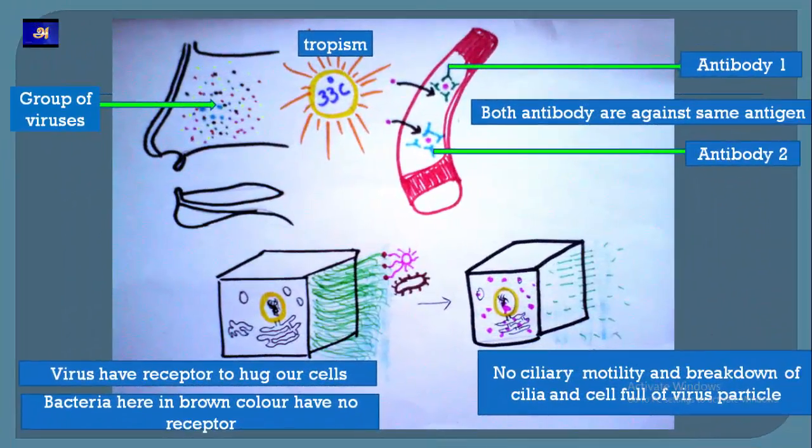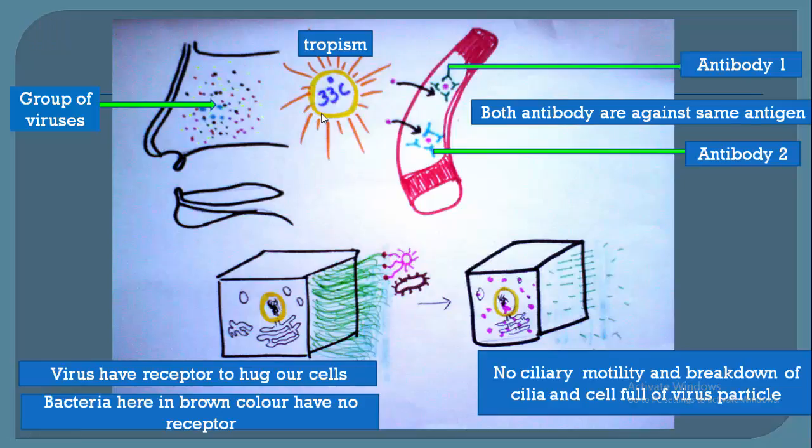Many groups of microorganisms enter through different entry points of our body, like nose, mouth, anus, everything, right? Through the nose also, different groups of viruses enter. But which groups of viruses survive? You might have studied from childhood that it is the rhinovirus which survives. All viruses or microorganisms adapt to a particular temperature, called tropism.